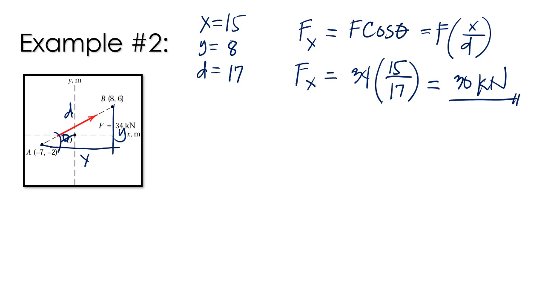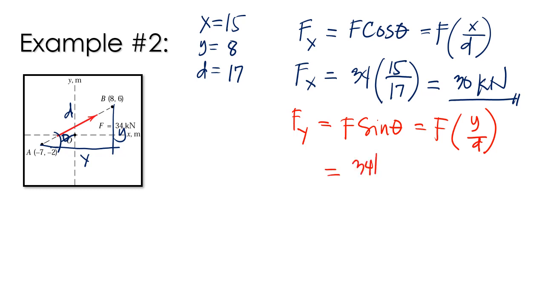So for our y component, Fy is equal to F sine of theta. Then it is equivalent to F times y over D. So equals 34 kilonewton times 8 over 17, which is equivalent to 16 kilonewton.